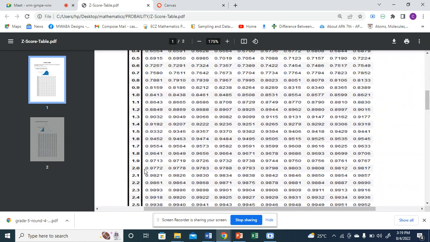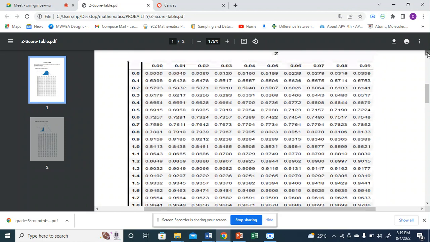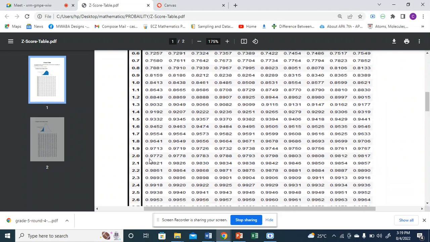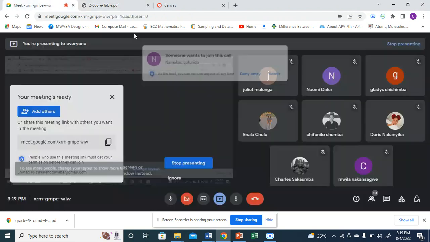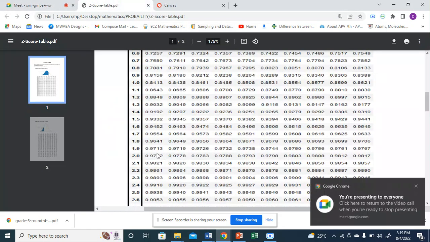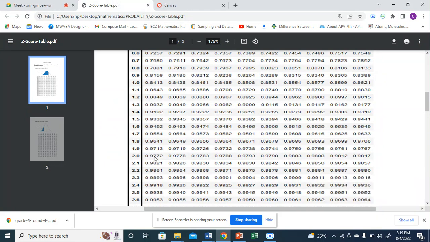So in the row of 2.0 and the column of 0.0, because our z-score is 2, this column of 0.0 and this row of 2.0 intersect here at this probability of 0.9772. So that probability, which we have been given on the z-score table, is the probability less than 2.